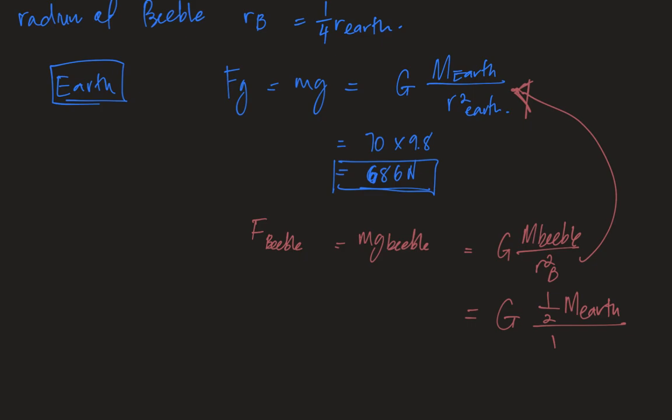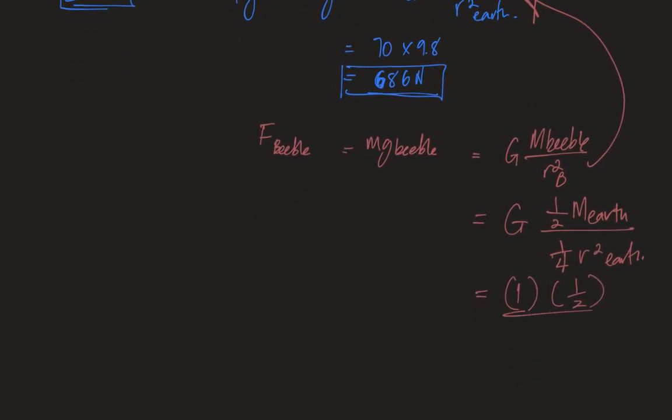Alright, so now, what's a half divided by, sorry, just fix that. It's 1/4 of the radius, squared, on Earth, divided by 1/4 squared. So now I've got 1 multiplied by 1/2 all over 1/4 squared.